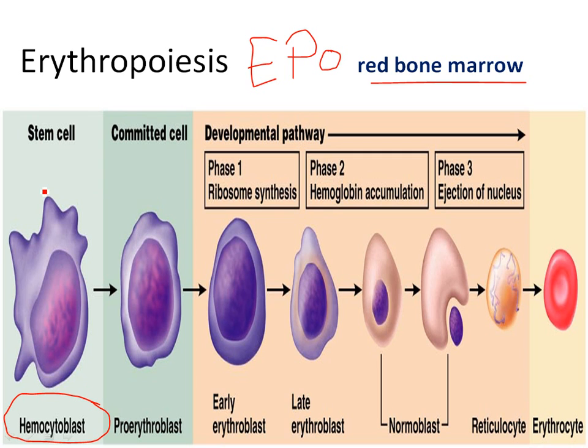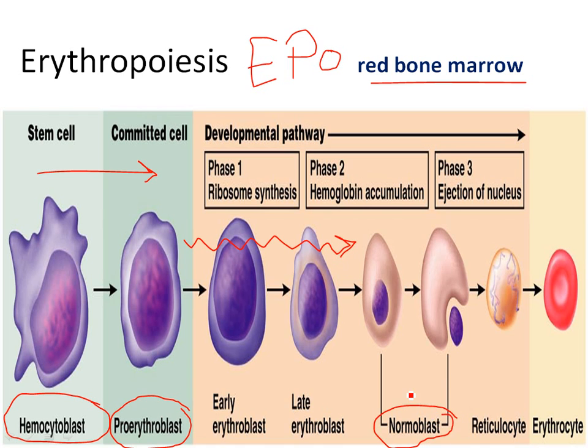Now, once we dump EPO on it, it's going to start to undergo shape changes and DNA changes. At that point, it becomes a committed cell, and it's going to become an erythrocyte if everything works out well. And we call it a proerythroblast. Proerythroblasts continue on their development until they eventually become a normoblast.